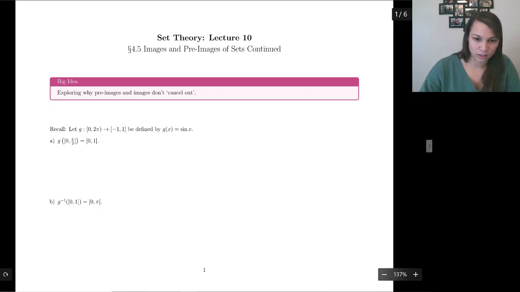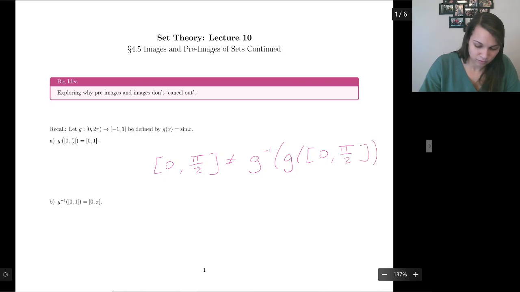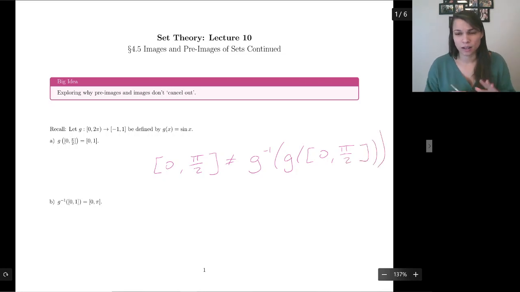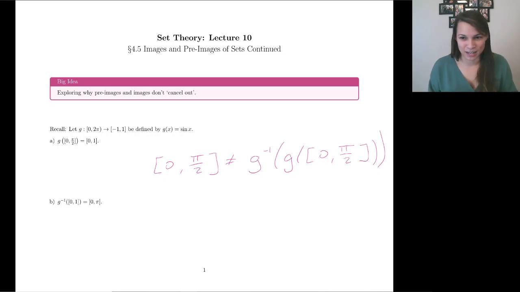So what we learned from that was that this set was not equal to the pre-image of the image of that set. And we're going to talk a little bit about why that happened.